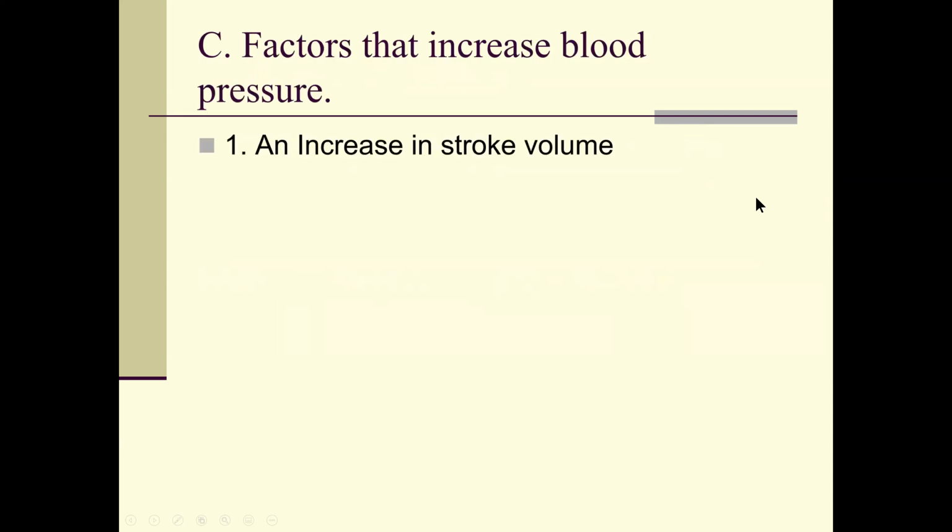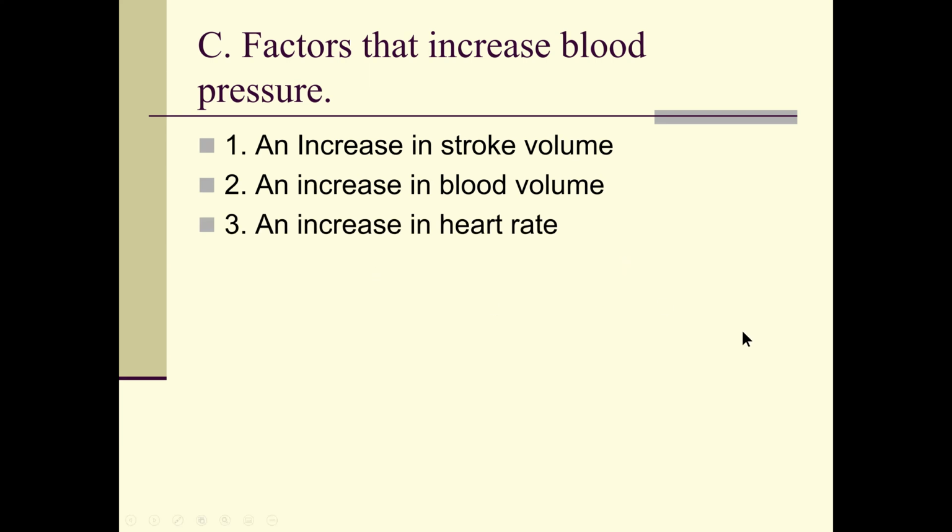Factors that increase blood pressure: increase in stroke volume, which is how much blood is being ejected by the heart. An increase in the blood volume, okay? In other words, if you have polycythemia, you have a lot of red blood cells, or you have a lot of fluid, that's an increase in blood volume. Or an increase in the heart rate, okay? You want to see your blood pressure go up, just get into a panic attack and measure your blood pressure.